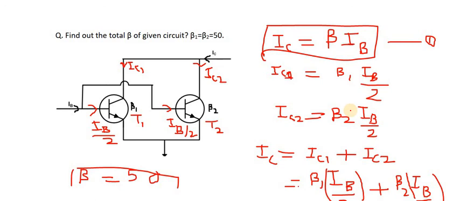So the beta is 50 and the single transistor beta is also 50. And the overall circuit, meaning two transistors connected in parallel, also has the same beta.